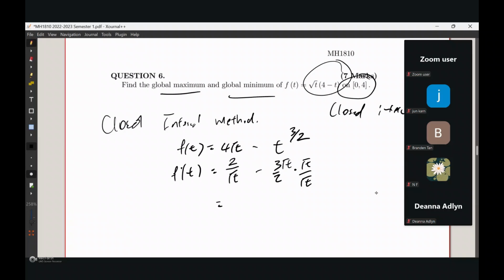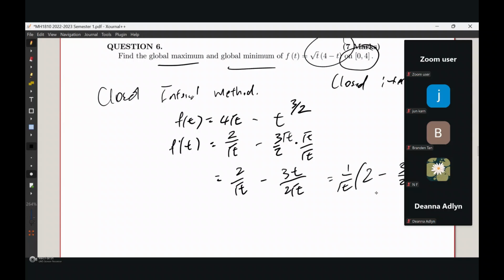After that, you can factorize to get, let me see, this is 2 over square root t minus 3t over 2 square root t. So we can take out 1 over square root t. Then we get 2 minus 3 over 2t. So we can get something like this.